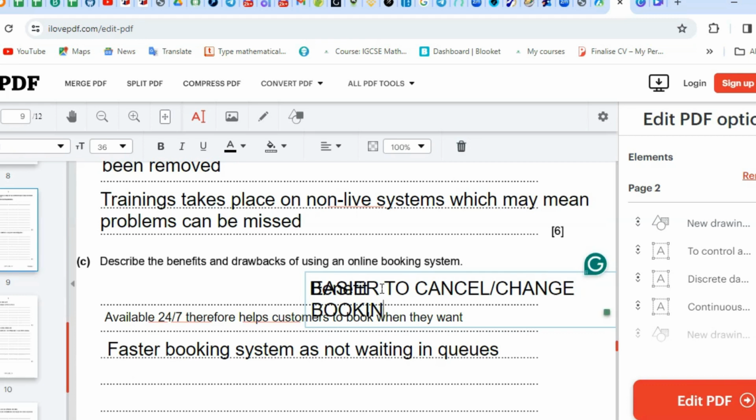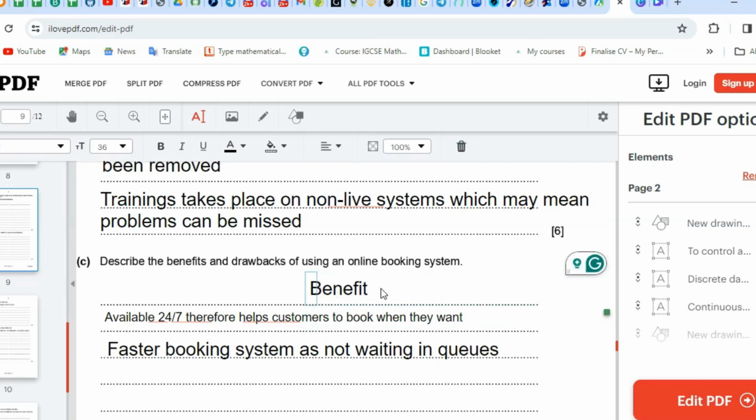All right. So when you are using an online system, it is very easy for you to cancel or change your booking. Very easy.